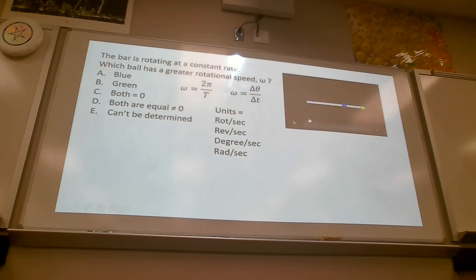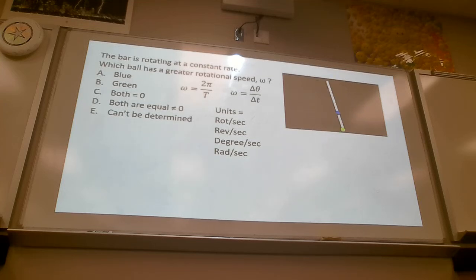Okay, going back to the original question. Which one has a greater rotational speed? Blue, green, the same. Is everybody okay with not C? Yeah. And we can determine it. Blue, green are the same.